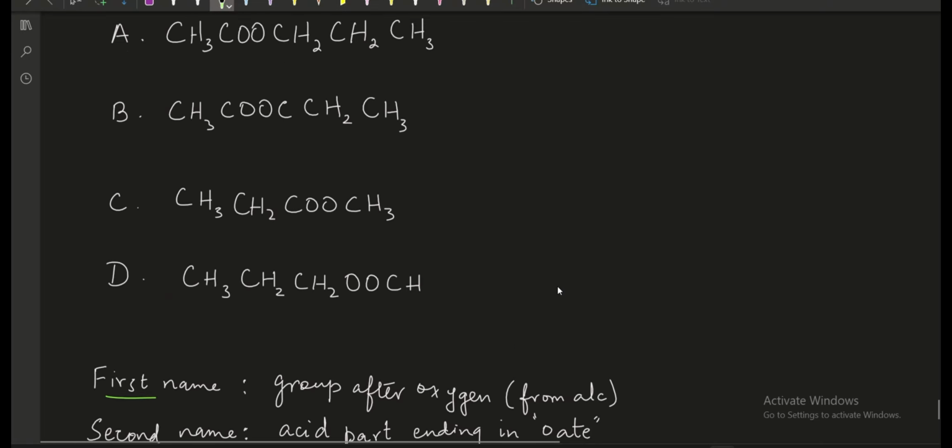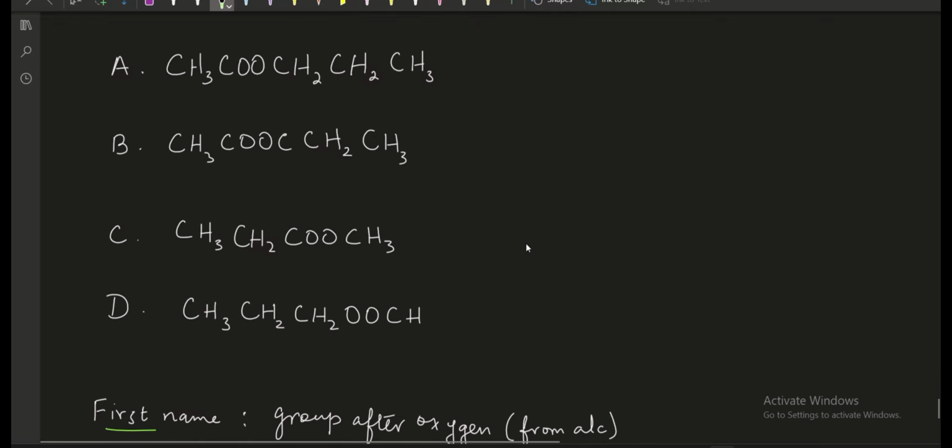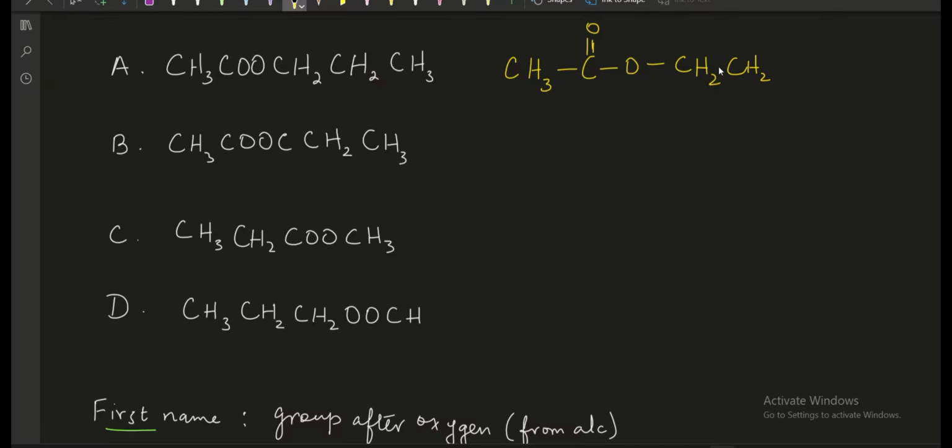Okay, now we can just draw these structures. Just see the formula. It is like CH3, COO, C double bond O and the other oxygen. Then you have CH2, then CH2 and next CH3. So here you can just divide this into two parts.